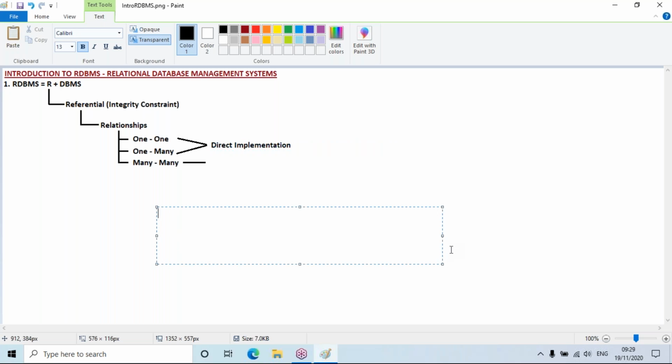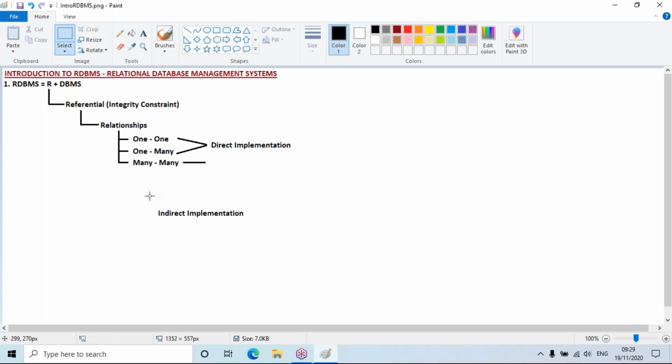And many to many we have for indirect implementation. One to one and one to many are for direct, and many to many is for indirect implementation. Okay, this is the first point to remember about this RDBMS.